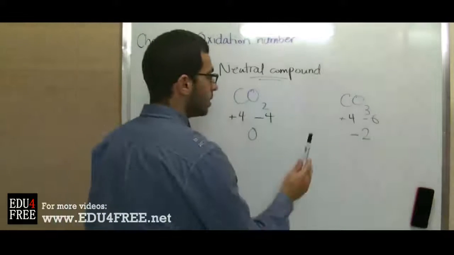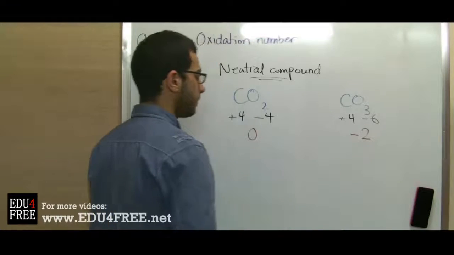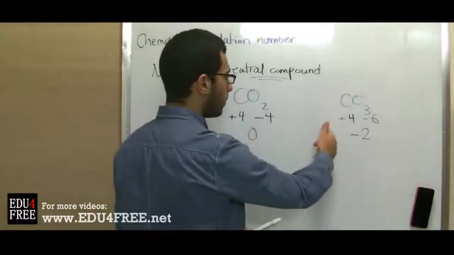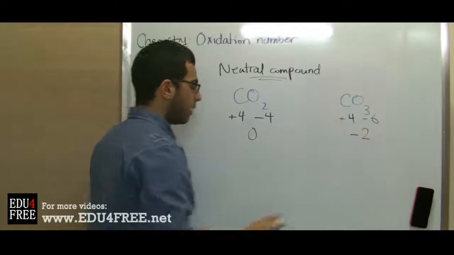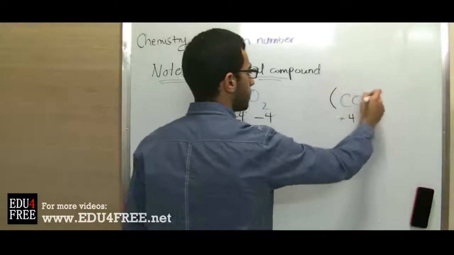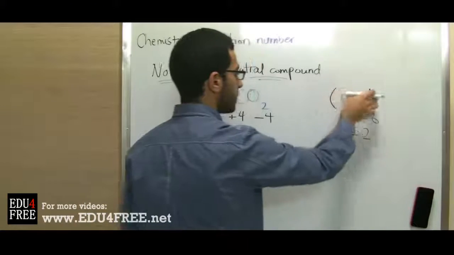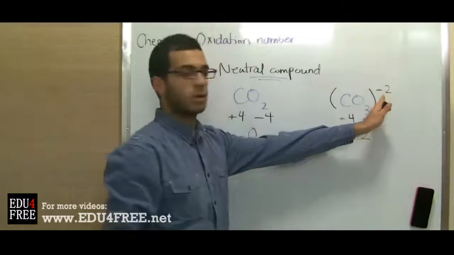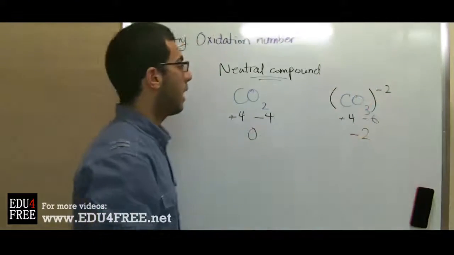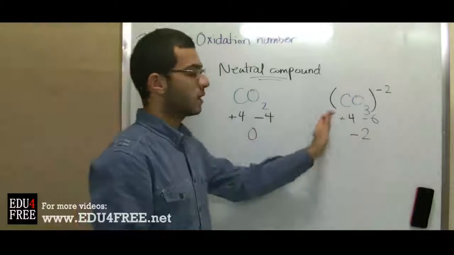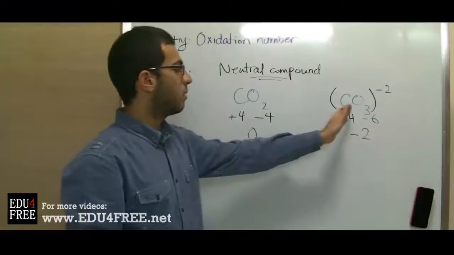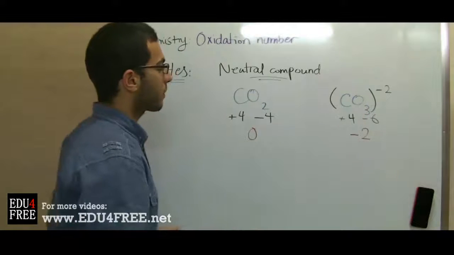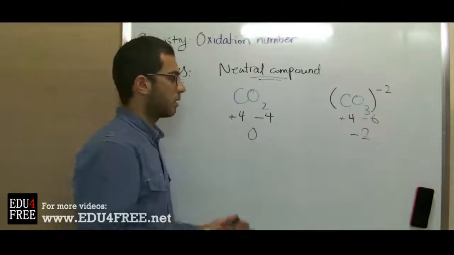So this is not a neutral compound. This is called a polyatomic ion, because in total this is put between brackets and we give it the oxidation number of negative 2, and accordingly this is an ion, but it contains a number of atoms, so it's called a polyatomic ion.